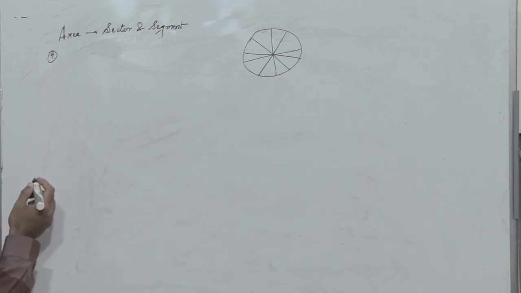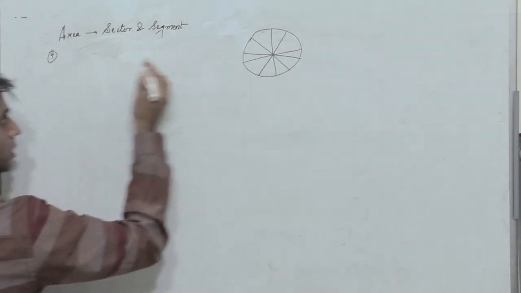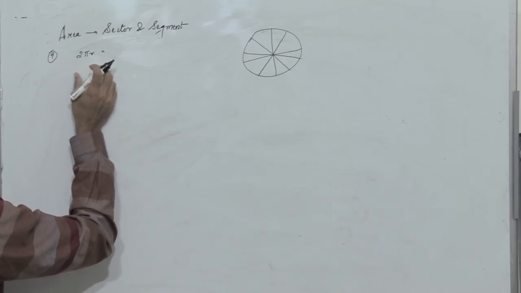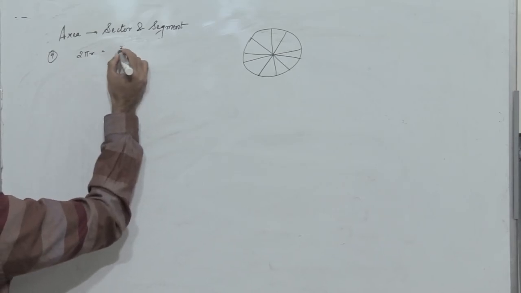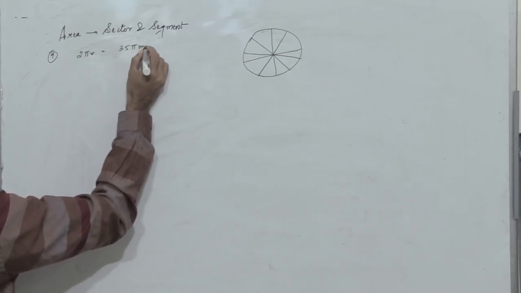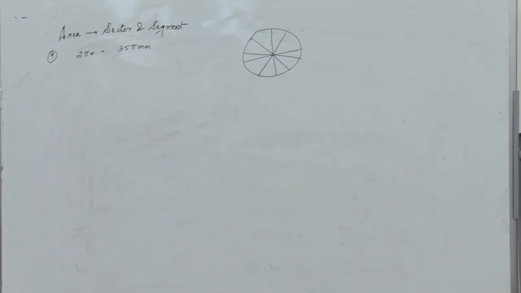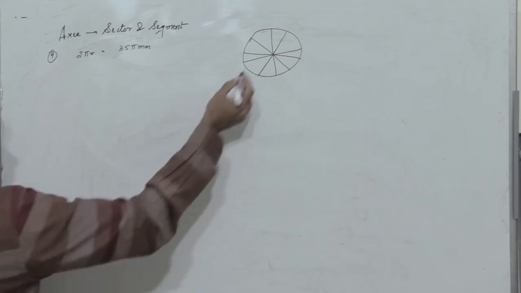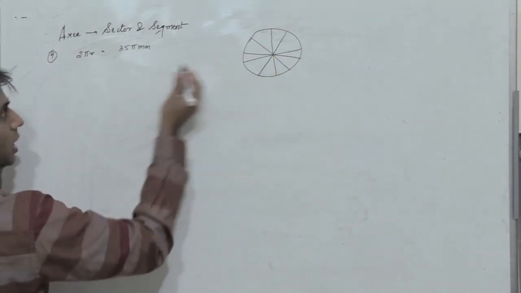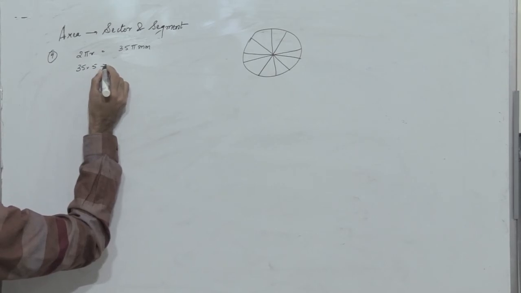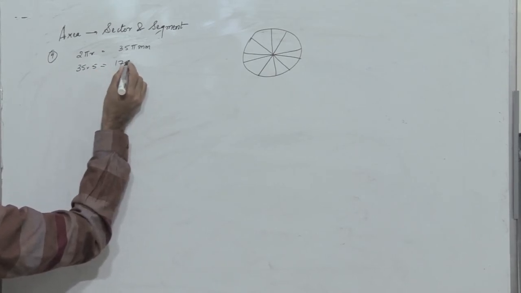So let us first consider the length of the silver wire to form the entire circumference. So the circumference is given by 2 pi r, which is pi d. The diameter is 35, so 35 into pi millimeter. So the silver required to form this is 35 pi millimeter, which is 35 into 22 by 7, so we get 110 millimeter. Next, the length of each diameter is 35. So there are 5 diameters. So we have 35 into 5, that gives us 175.